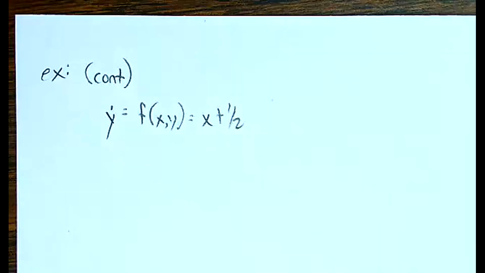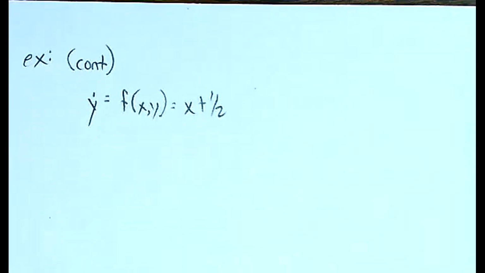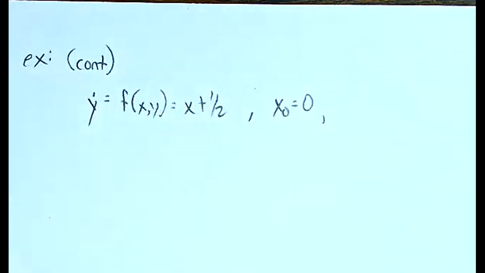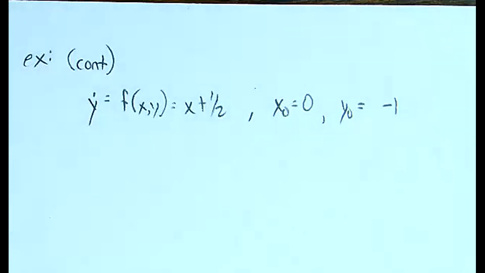So I can make this better. Remembering that y dot is equal to f of x, y. In this case, that function is x plus a half. Remembering that x0 is 0 and y0 is -1.